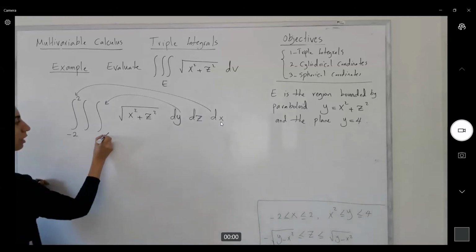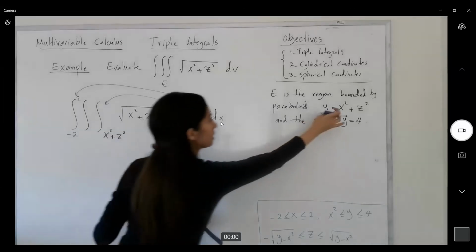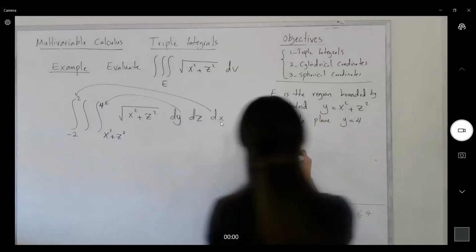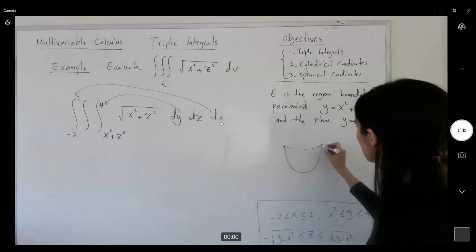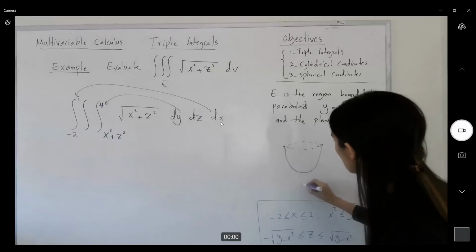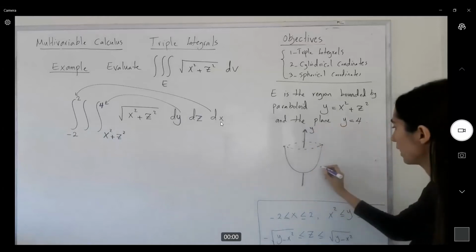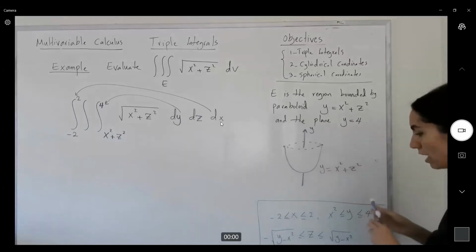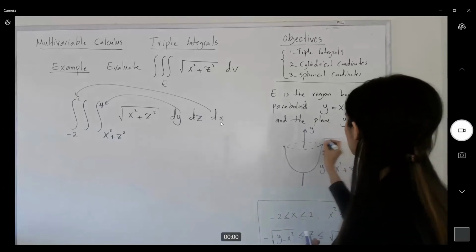So my y is bounded by x squared plus z squared, and on top by 4. This is my y-axis, and this is y equals x squared plus z squared, and on top it's bounded by the plane y equals 4.